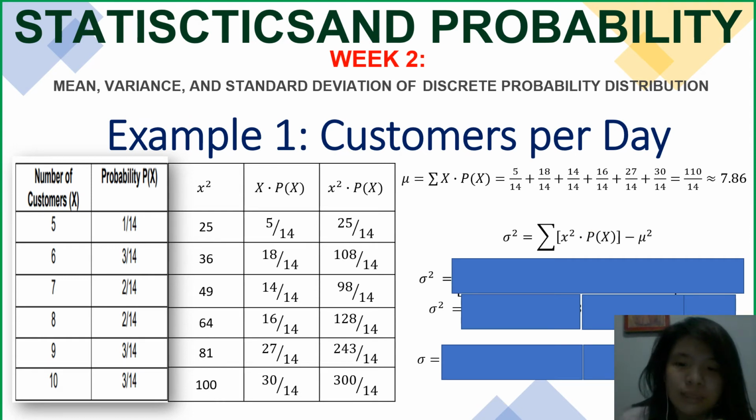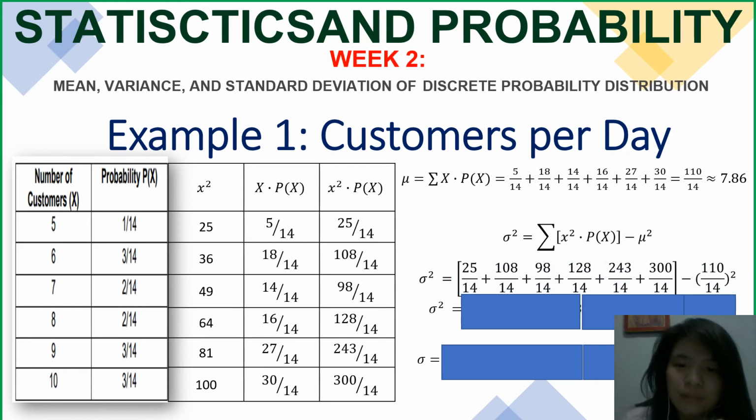Ngayon, proceed na tayo sa variance. So, yung formula natin for variance, napakita ko na, no? So, ito yung formula natin sa variance. Sigma squared is equal to the summation of x squared times p of x minus mu squared. So, mag-substitute muna siguro tayo. Meaning ng summation is, di ba meron na tayong x squared multiplied by p of x.